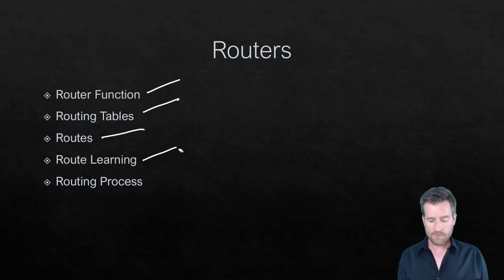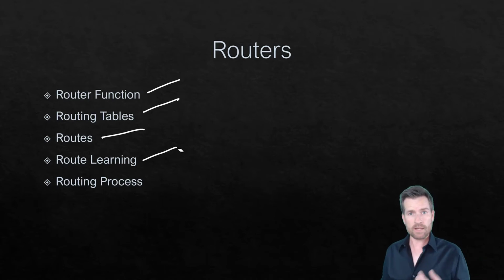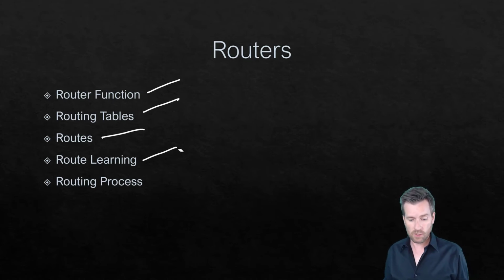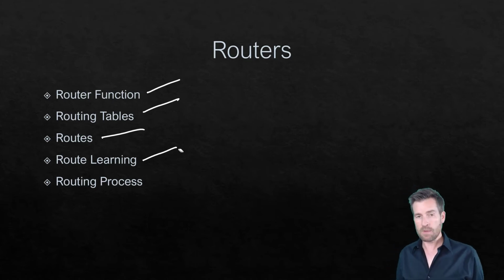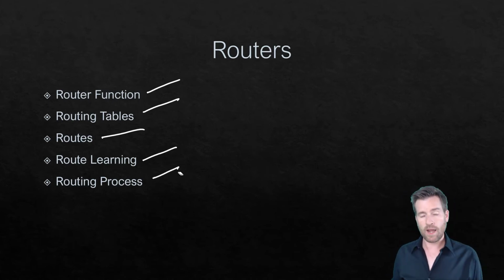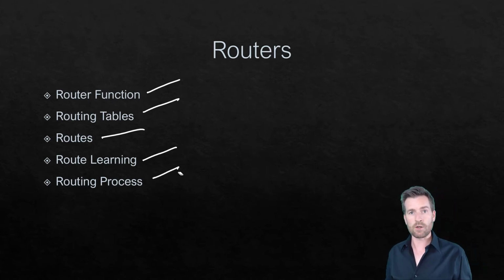And then we talked about how it could learn. We talked about both static and dynamic routes. A static route is something you set up on the router. A dynamic route is learned through other routers, and it can be learned through a dynamic routing protocol. And then finally, we talked about the routing process, what a router will do to process the packets and forward them on to the next hop to get them to their final destination.